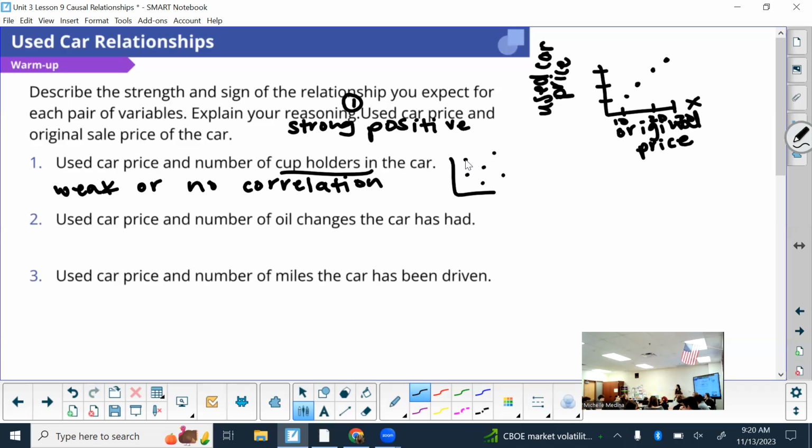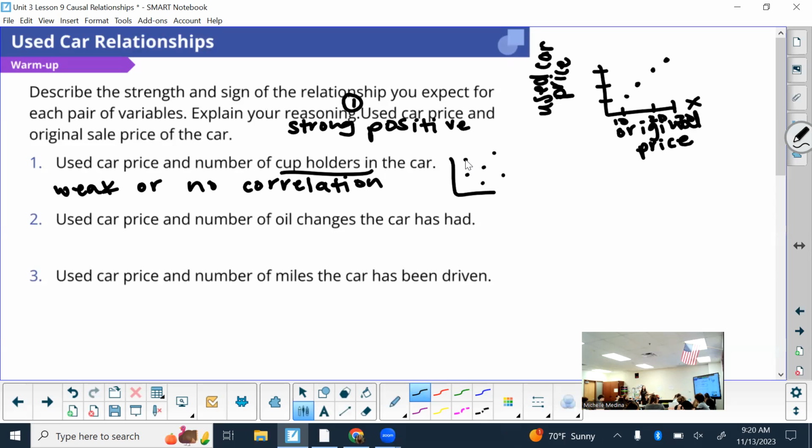Well, that's not an option. On your test, for example, on your practice test, 2A, what's the relationship between? You need to tell me, is it strong or weak? Is it positive or negative? So what do we expect?